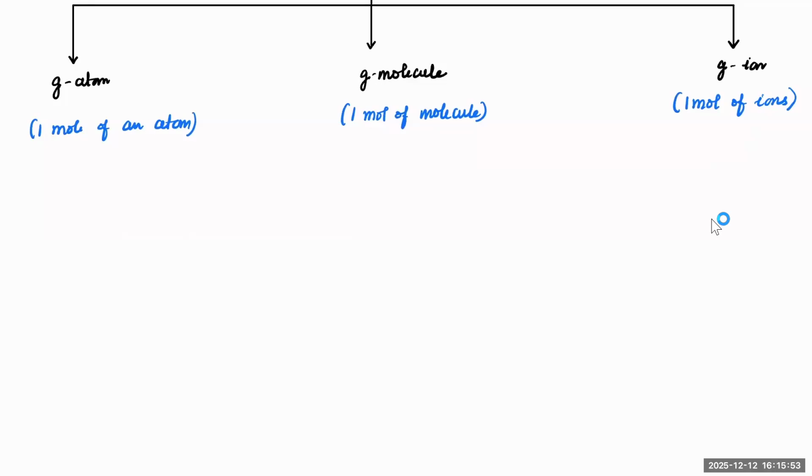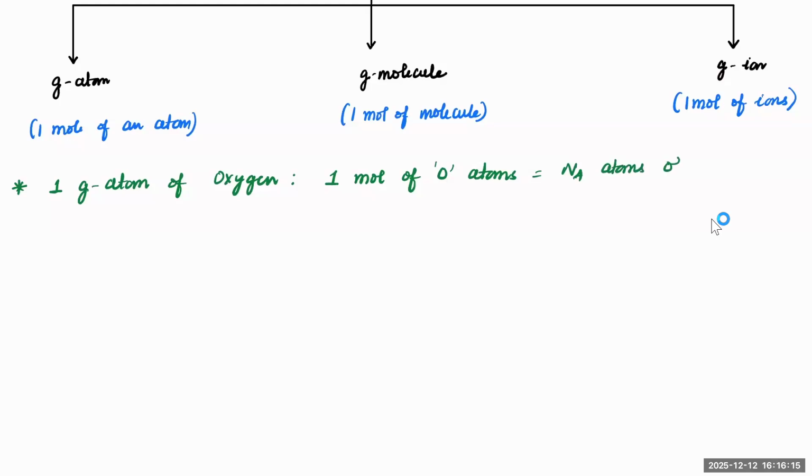To be more precise, check this one. If I write 1 gram atom of oxygen, which means I'm talking about 1 mole of oxygen atoms, which is Avogadro number of atoms of oxygen.